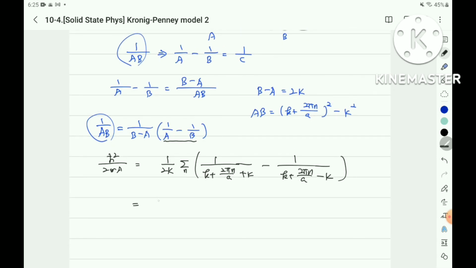Then when you multiply by 2 pi over a over 4k, summation for n, then first part, 2 pi multiplied by 2 over a, n pi plus a over 2, k plus k, and minus n pi plus a over 2, k minus k.